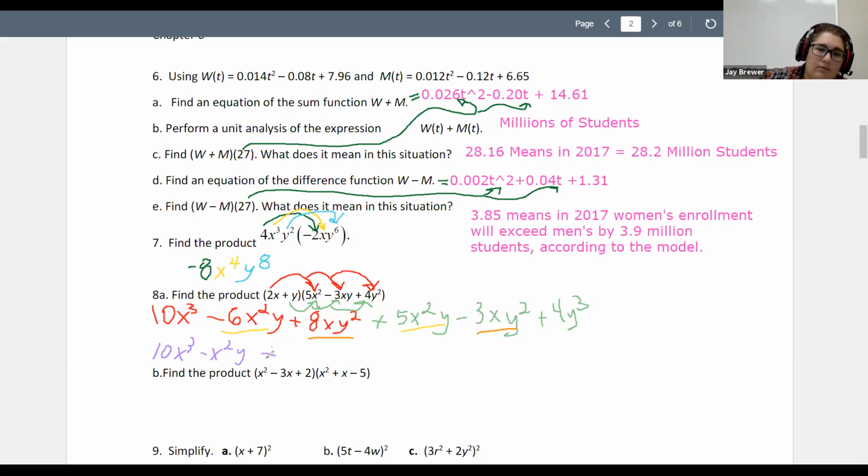It's going to leave us with 5xy squared. And then plus 4y cubed. Are we all in agreement? Definitely say if you disagree. We can go over all of it.